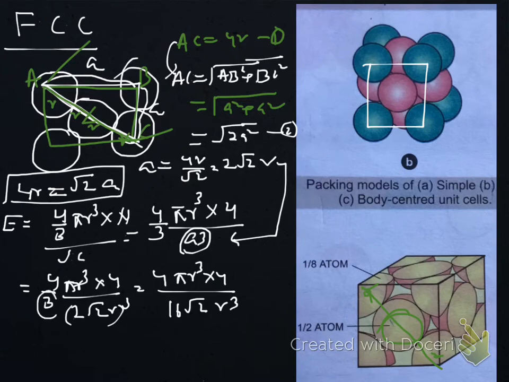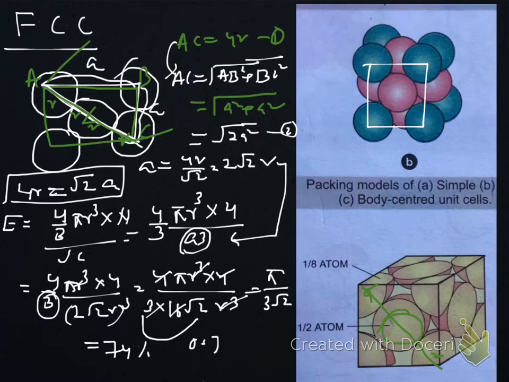And also we have a 3 here, r cube is cancelled. Here 4 into 4 is 16, 16 and 16 cancel, and remaining is pi by 3 into root 2, 3 root 2. Then you will get the value 74%. For packing fraction it is 0.74.